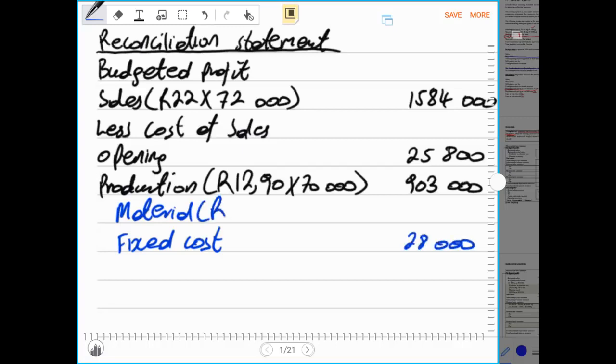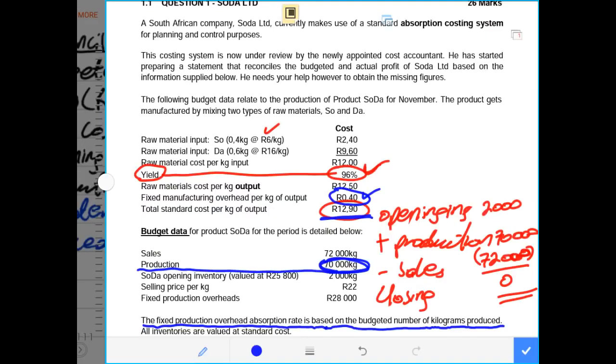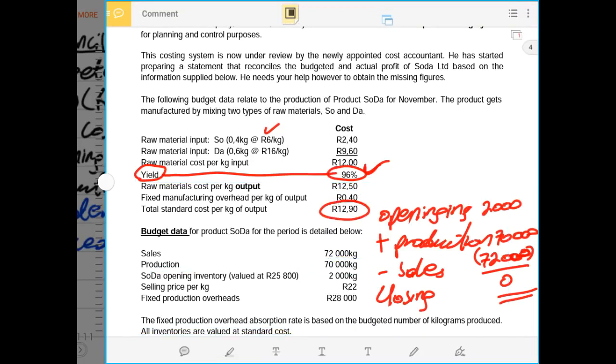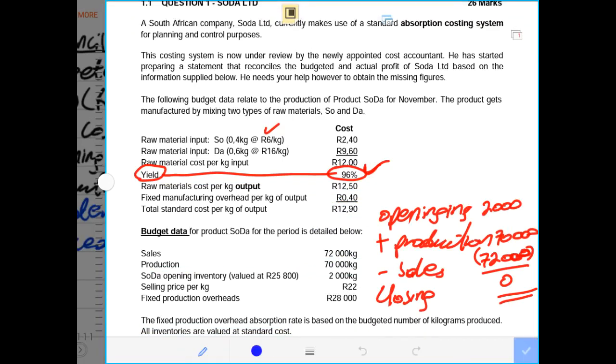Our material cost per unit would have been the cost before the 40 cents was accounted for. So we have to take the amount before the fixed cost was taken into account if we want to split our fixed cost.